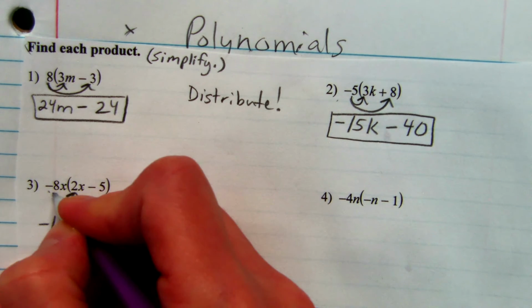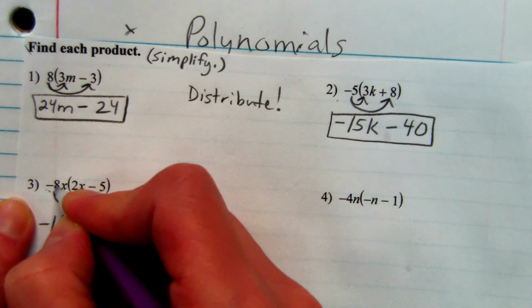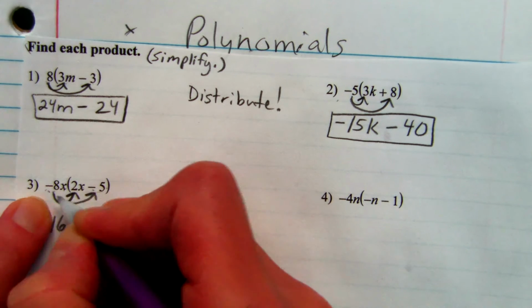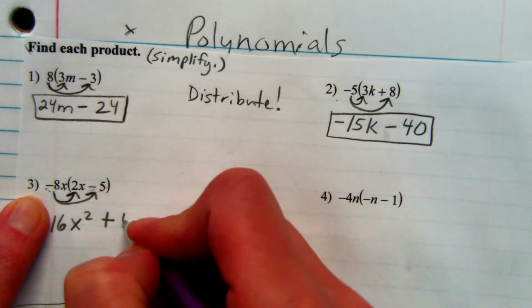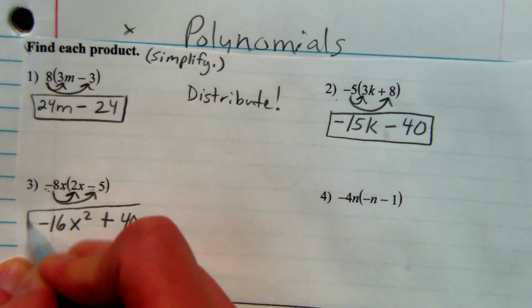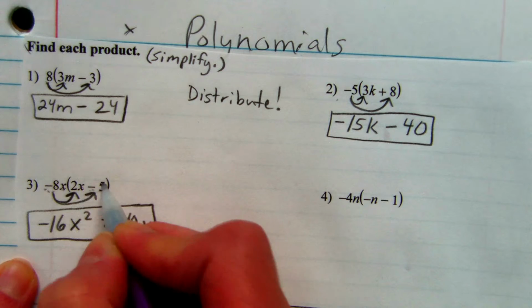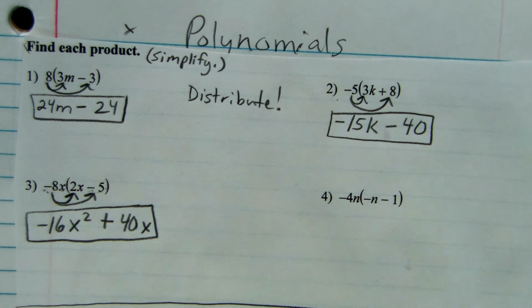And then I'm going to take negative 8x times negative 5. So a negative times a negative makes it plus, and it'll be 40x. So I have to remember that this x is out here, and it's going to add on an x to both of these terms. It made this have 2 of them, and that now has 1 of them. It's not exactly how that works, but that's how I think of it.